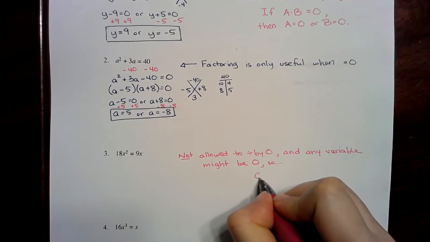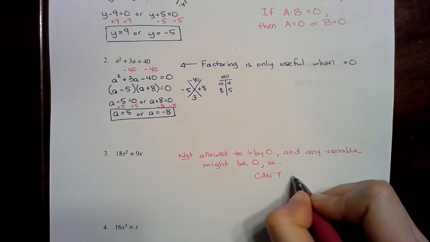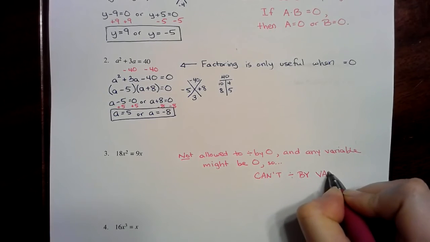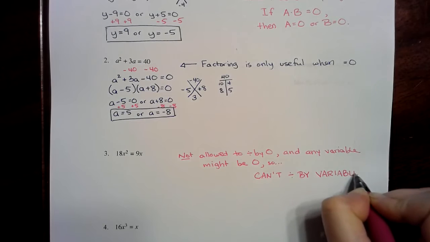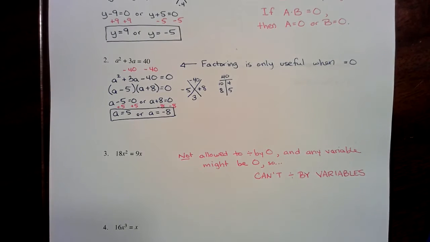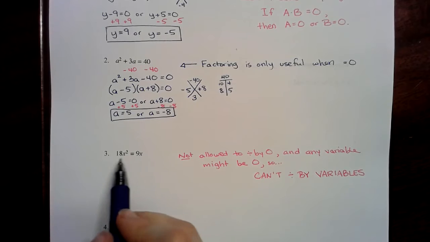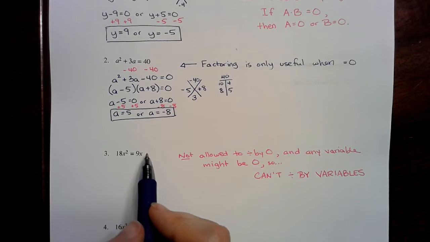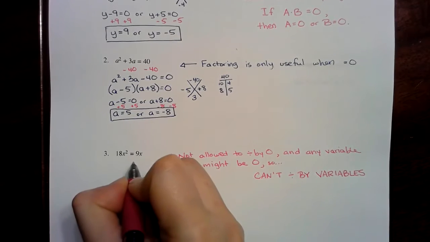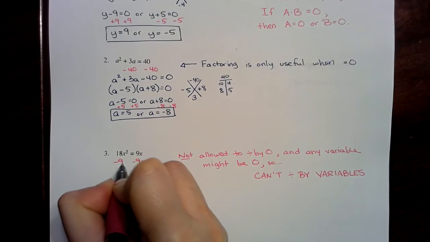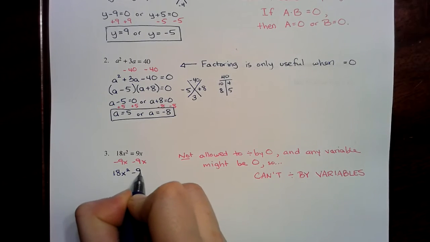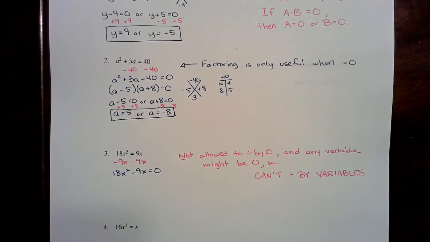So we can't divide by variables. So even though it seems like it would be really nice to divide by x on both sides to make this equation so much simpler, I really can't do that. So instead, I'm going to subtract 9x to the other side because that will get me to something that equals 0.